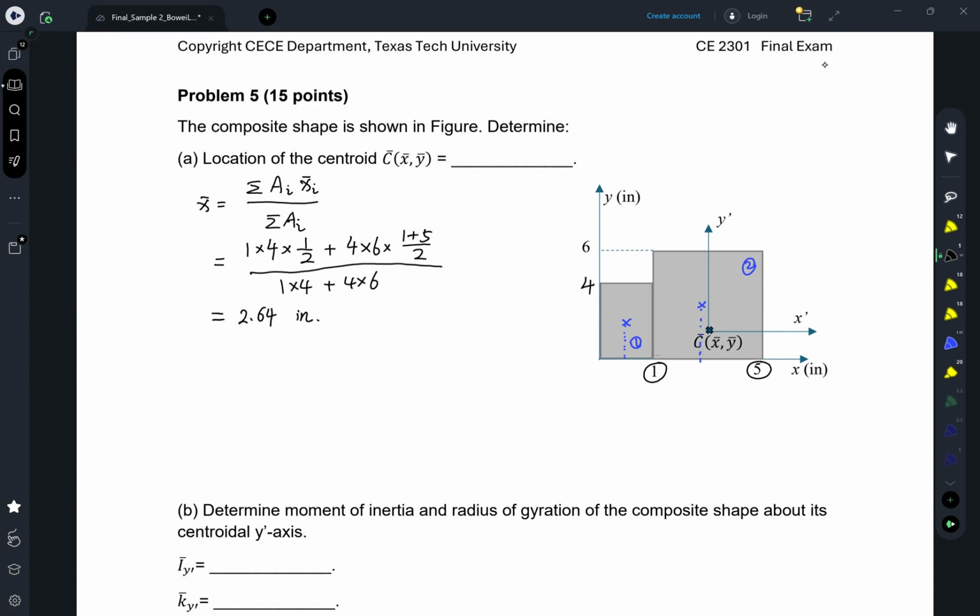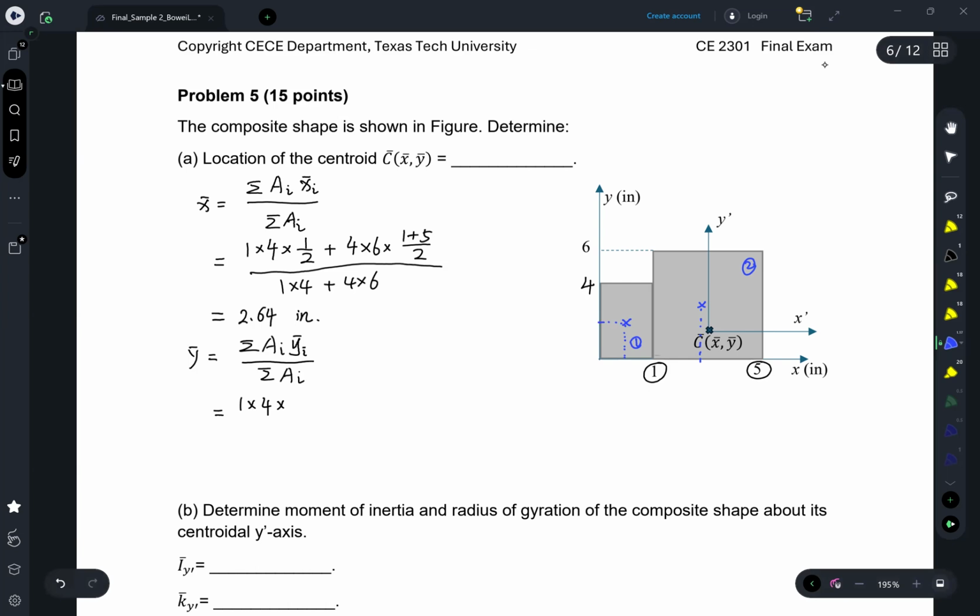Okay, so similarly, we can evaluate y. y bar equals the weighted average of the y coordinate of the centroid of each part, right? Okay, so my area i will be 1 times 4, right? Again, it is the same, times the y coordinate of the first area, which is at half of the height, which is actually 2.